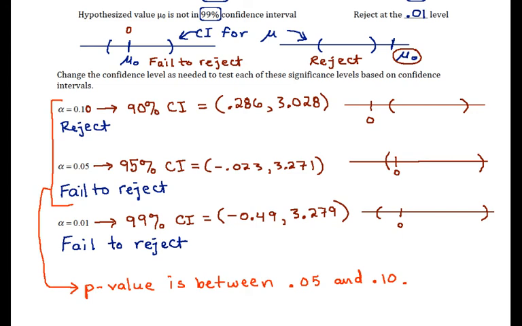We should still be able to get p-values from StatKey using randomization distributions, and that is the default method, to get an actual p-value anytime we're just asked a hypothesis test. But if the objective of a question is, here we already have a confidence interval and the instructions specifically say to use the confidence interval to answer the question, that's when we would bring this in.